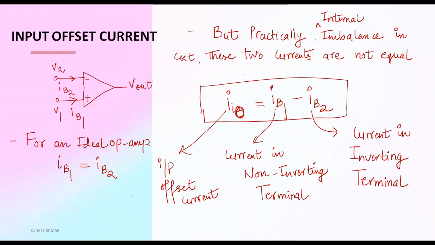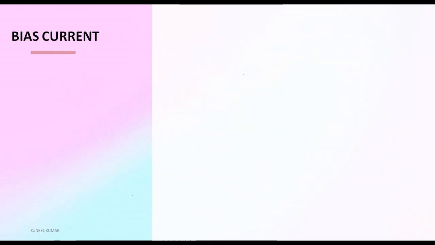So IB1 is basically the input bias current in the non-inverting terminal. Similarly, IB2 is the input bias current in the inverting terminal. Next is bias current. What do you mean by bias current? Bias current is basically the average of these two currents flowing in the inverting and non-inverting terminals.